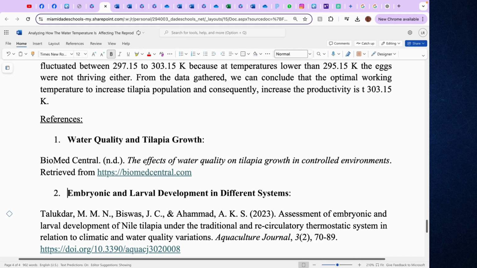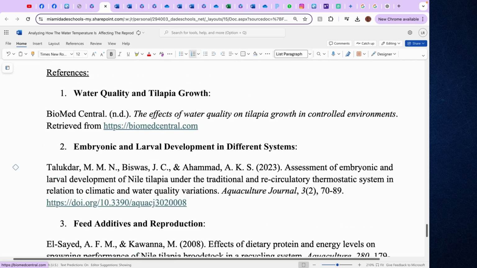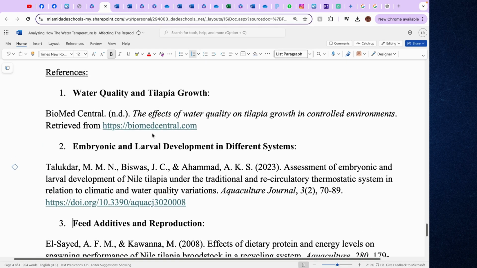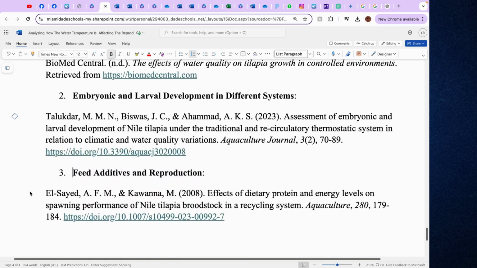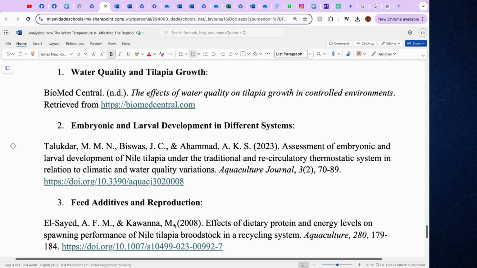You have to number them. The two, and this one is the third source of information that you have in there. So you have your three sources of information cited in the APA 7 style.